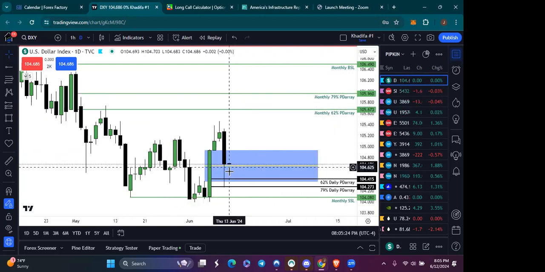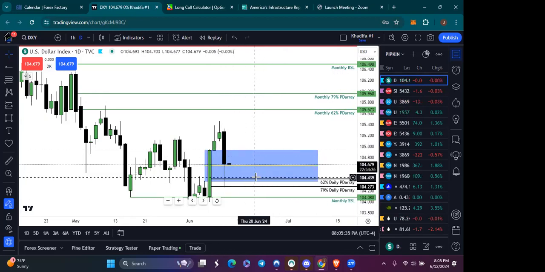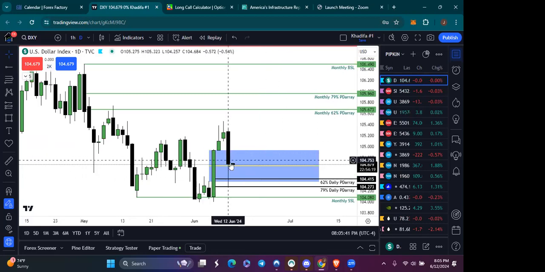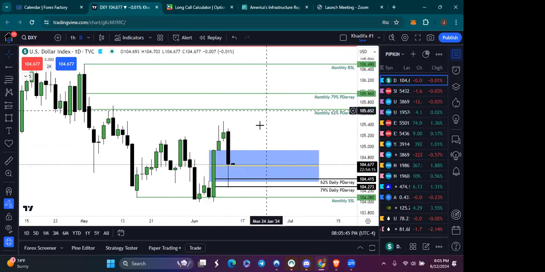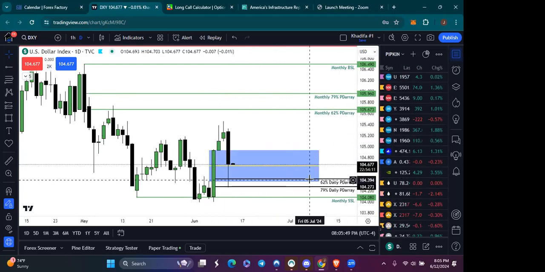And let's just see how price plays out throughout the rest of Asian and going into London, whether we are inside of this daily fair value gap, above it or below it by the time the New York AM markets open in the morning. Cool beans, but my bias is to the upside. I do want to see the dollar push up to close the week.